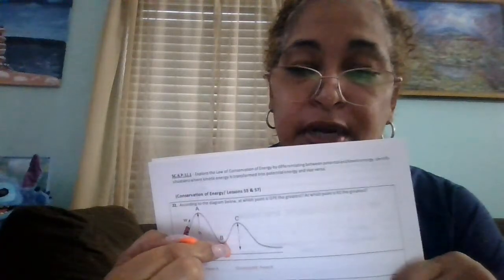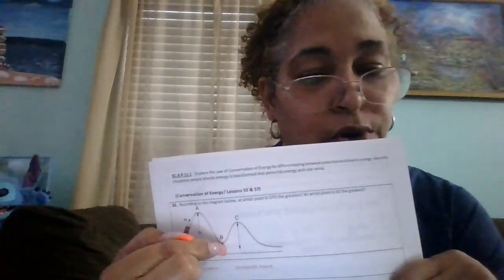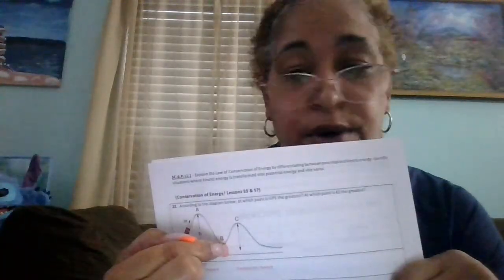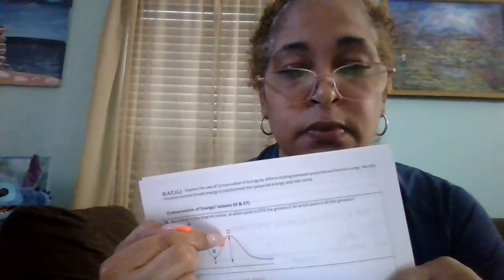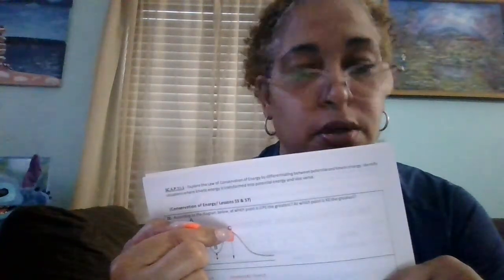As you get down here, you have no gravitational potential, and you have all kinetic energy. As you come up here, you're losing kinetic energy as you're gaining gravitational potential energy. But again, you do have a loss to thermal and sound as well. As you get up here, you are at max potential, no kinetic.